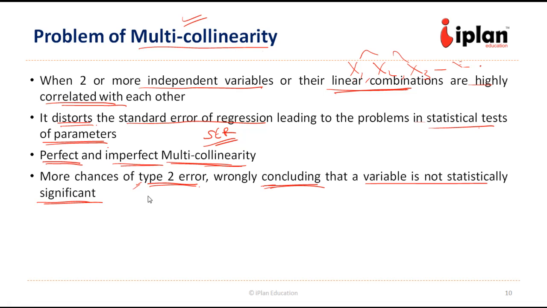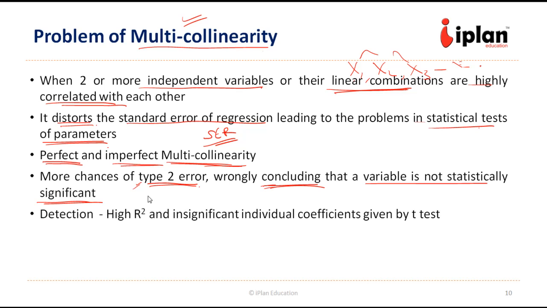Now the question comes, how should we detect multicollinearity in our model? If we have a high value of R square, the overall model says that a large percentage of variability in the dependent variable can be explained through the model, but individual regression coefficients for independent variables are not significant.